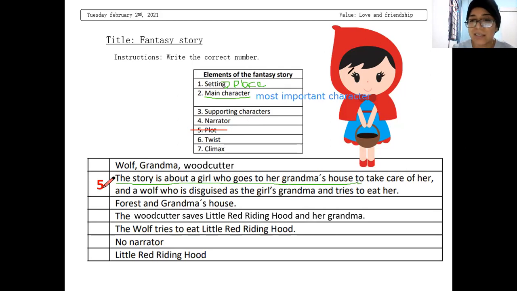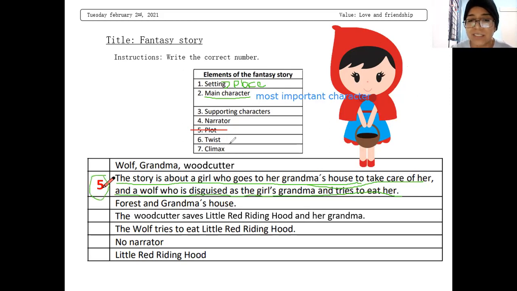Una chica que es Little Red Riding Hood, que va a su grandma's house, and a wolf, y un wolf se viste de grandma and tries to eat Little Red Riding Hood. Se trata de comer a la pobre Little Red Riding Hood. Ese es el plot. Yo te ayudé con number 5.